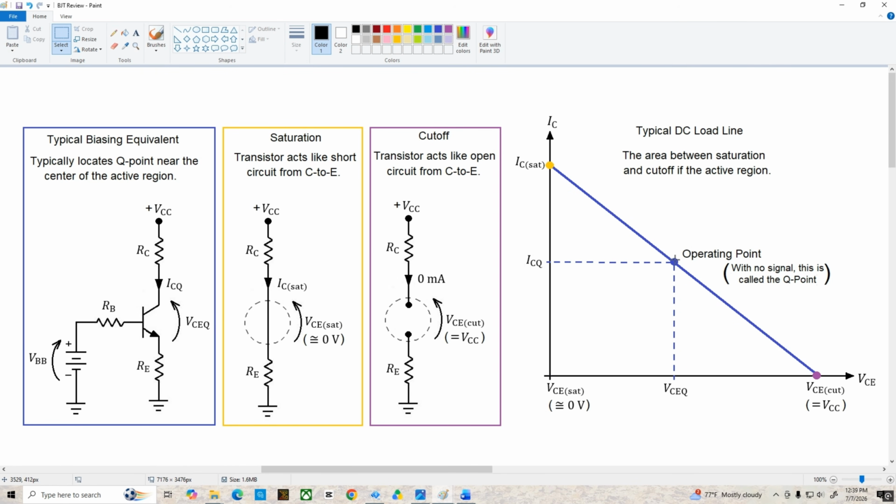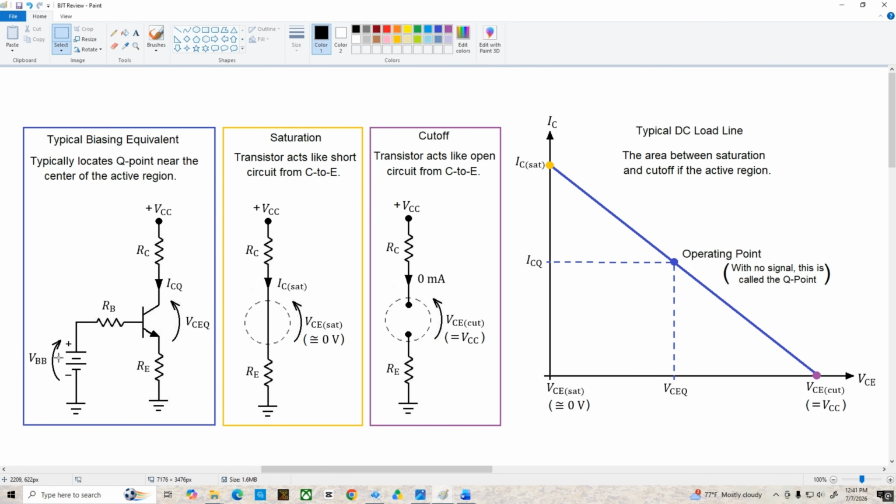Now, our Q point or operating point here is typically located somewhere between saturation and cutoff, okay? And when it is located somewhere on this line between these limits, the transistor is said to be operating in the active region. The active region is where the collector curves are relatively flat.